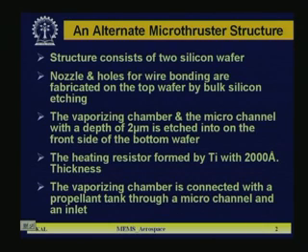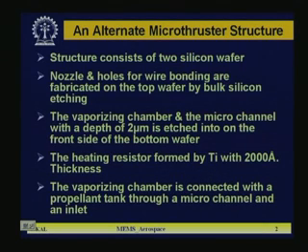The structure consists of two silicon wafers. The nozzle and holes for wire bonding are fabricated on the top wafer by bulk silicon etching. That means here you have to have a separate hole for bonding the heater, which is inside the chamber.